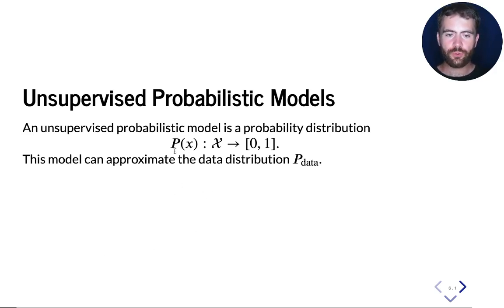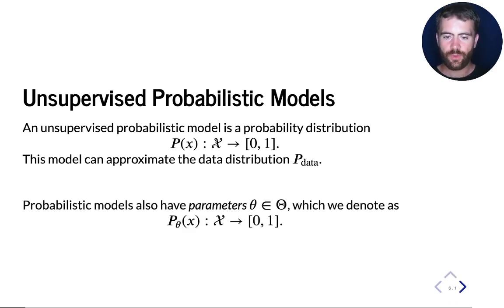So we will assume that a probabilistic model is a probability distribution over the space of attributes, and we will try to approximate our data distribution with this model. And as usual, our model may have parameters. We denote them by theta, and we use the following notation: p subscript theta to denote a probabilistic model with parameters theta.